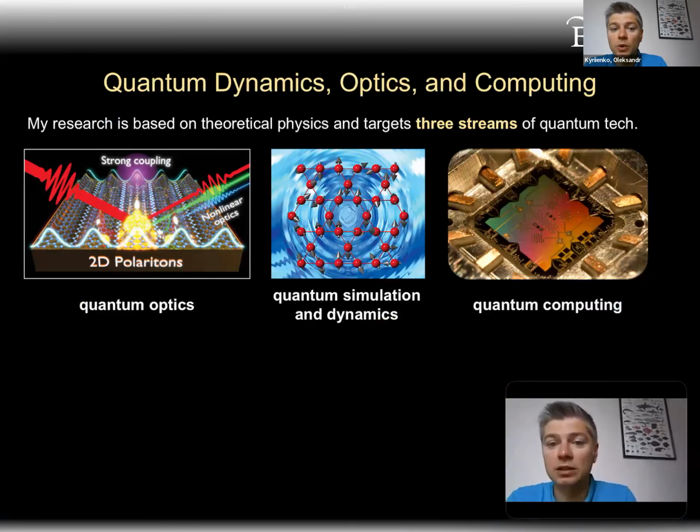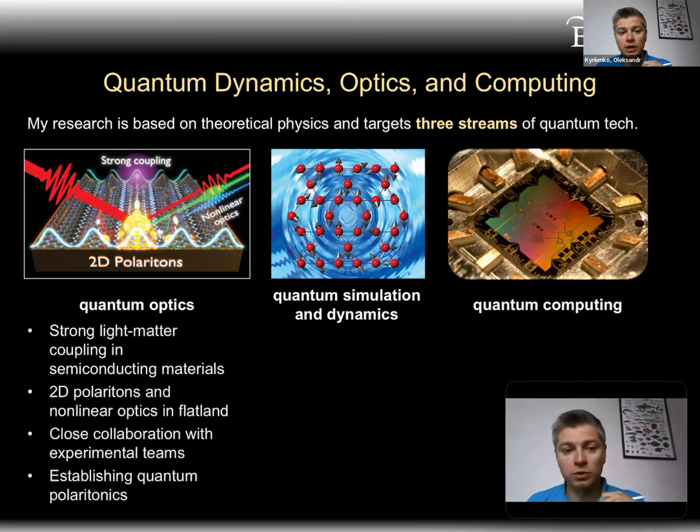Specifically in quantum optics, I study the regime of strong light-matter coupling. We have systems that can interact with light, they can couple, and this is the basis of nonlinear optics. Here we have described how experimental results in 2D materials, especially in the strong light-matter coupling regime, can be described by a microscopic theory, and how we can enhance nonlinear interaction in these systems.